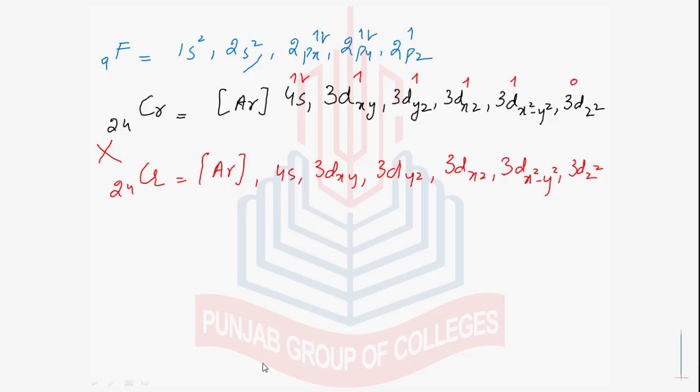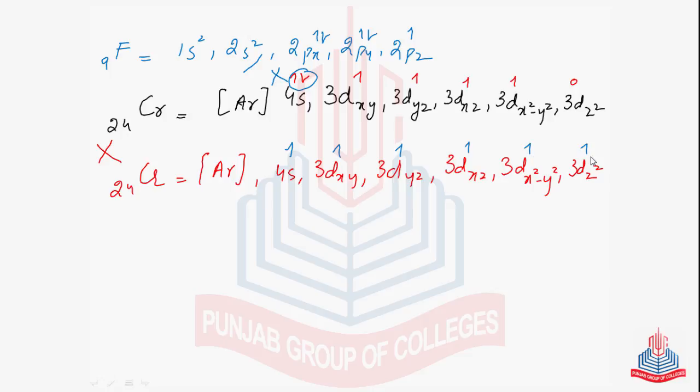The correct electronic configuration for chromium is 4s1, not 4s2, and 3dxy1, 3dyz1, 3dxz1, 3dx square minus y square and 3dz square में भी 1 इलेक्ट्रॉन.